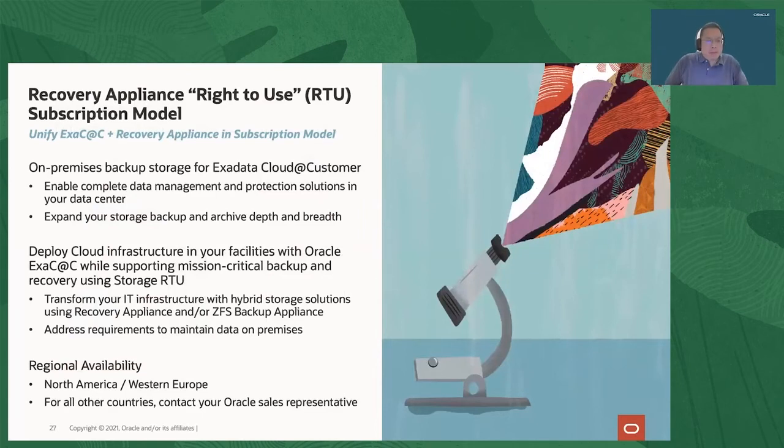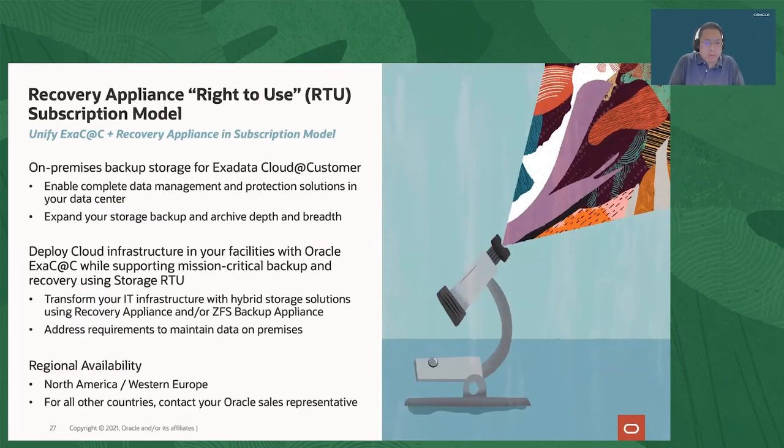So let's continue on this ExaCC recovery appliance journey and talk a bit about the subscription model. Now, ExaCC has this great OpEx kind of model where you pay every month for usage and so forth. Recovery Appliance is available too in the subscription model.